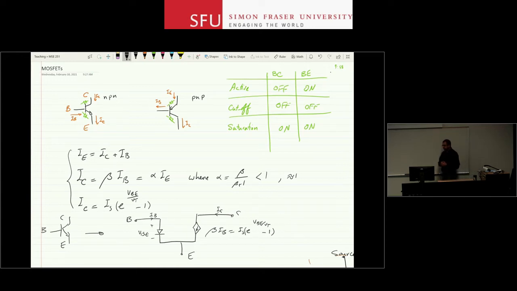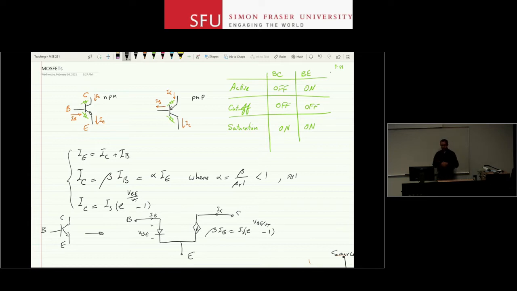Now, what tells us something is wrong? Well, you go and solve your transistor circuit, and all of a sudden you see a DC voltage at a node that is beyond the power supply rails. So if your circuit is, let's say, biased with a plus and minus 5 volt power supply, you all of a sudden notice that the voltage is, let's say, 7 volts or minus 7 volts. Or you see that the direction of the current into one of these terminals is the opposite of what you assumed.